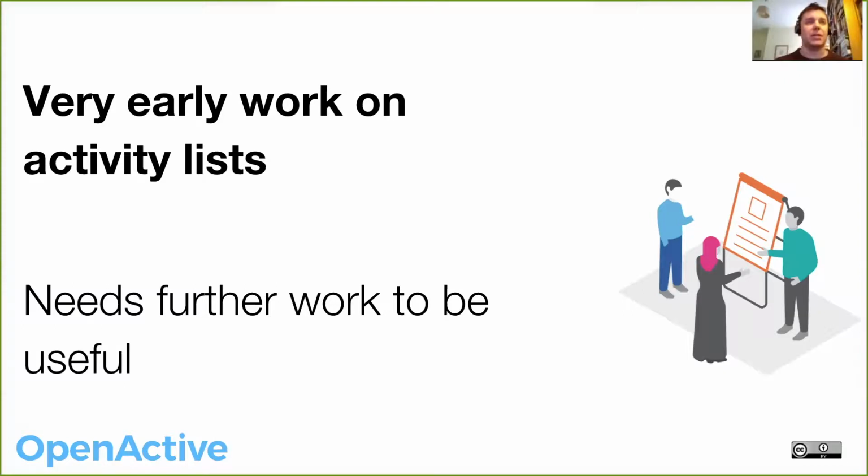But the process of actually agreeing what should be on the list and how they should be organized still needs further work, and that's something that we'll be picking up over the coming months. I think that's somewhere where we could certainly welcome some additional input and suggestions from across the community.